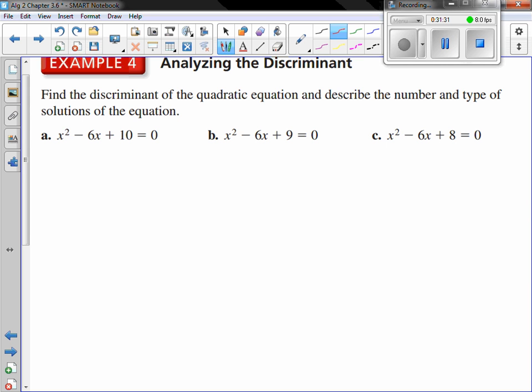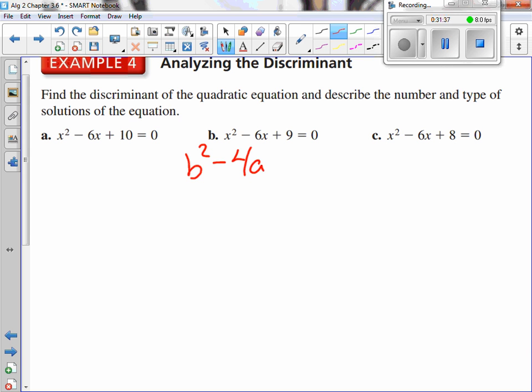Because if we look at this here, x squared minus 6x plus 9, well, b squared minus 4ac. Well, the value b is still negative 6 squared, minus 4 times 1 times 9. And we can type this into the calculator. Now, negative 6 squared is still going to be 36.